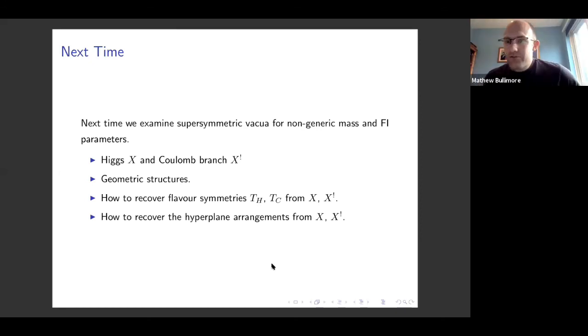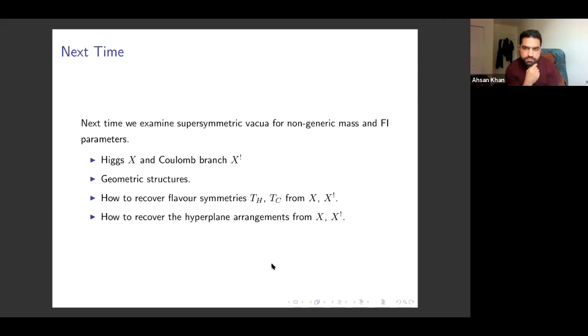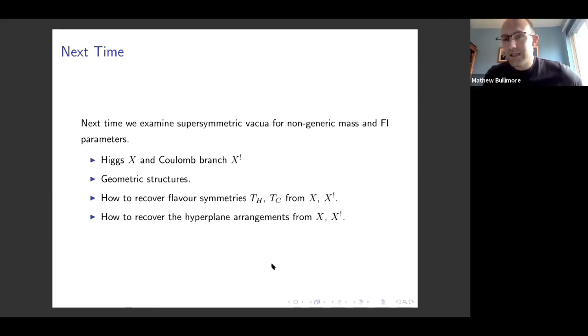No, you don't directly have H and W. But if you remember, a piece of H was the moment map for the flavor symmetry action. That's the piece that you'll have in a sigma model. It's not a dynamical thing, because you're not trying to pass to the critical points of it in the sigma model.